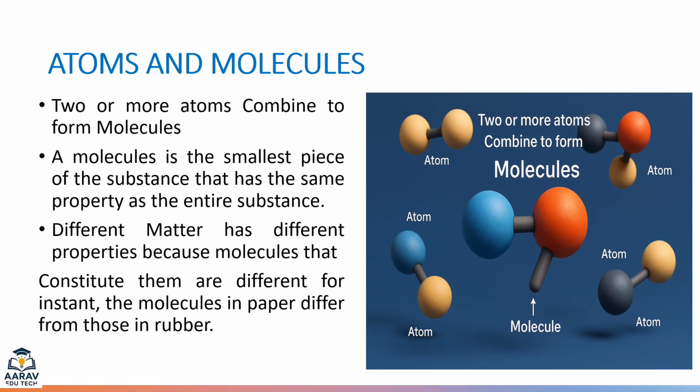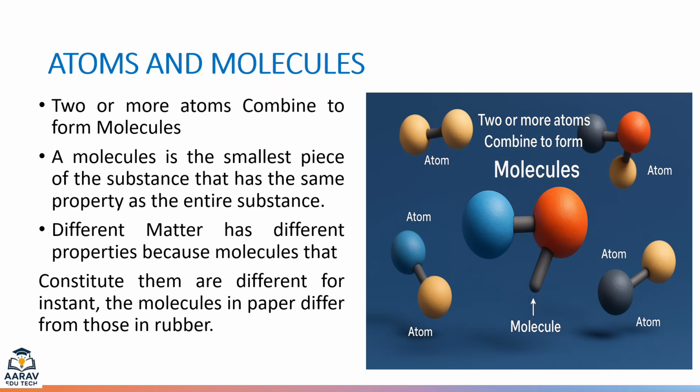What is matter made of? Matter is made of tiny particles called atoms. When two or more atoms combine, they form molecules. A molecule is the smallest part of a substance that still has the same properties as the entire substance.